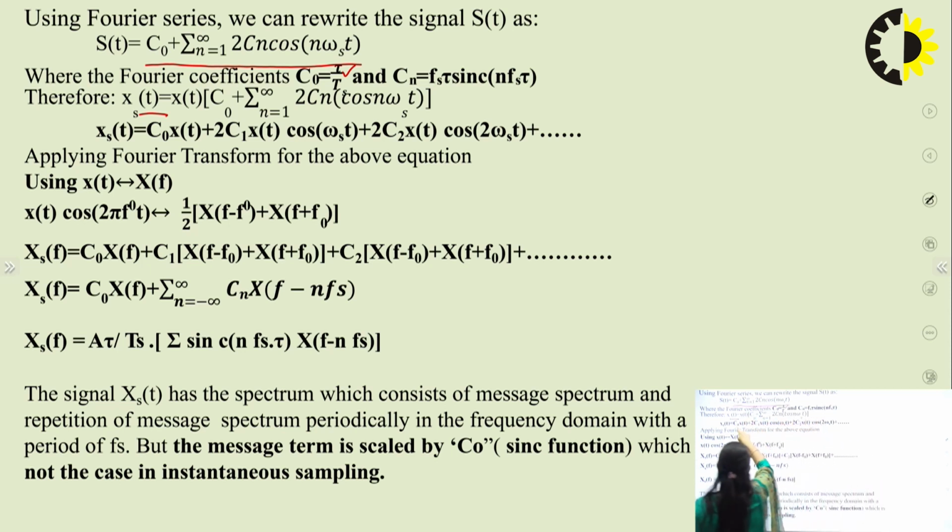We get c0 x(t) plus 2 c1 x(t) cos(omega_c t) plus 2 c2 x(t) cos(2 omega_c t).